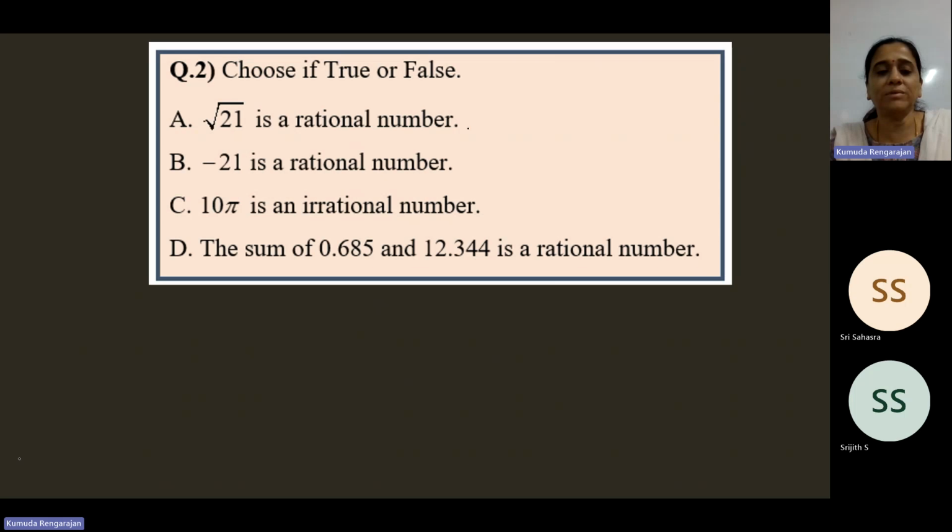Yes, Srijit, tell me. Square root of 21 is a rational number. True or false? The first one? False. Online children, second one?